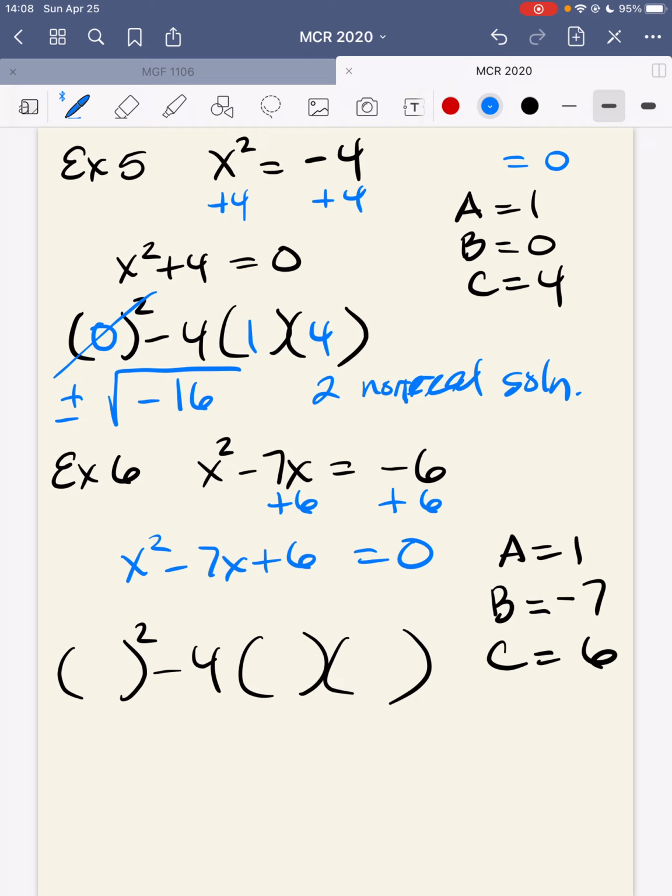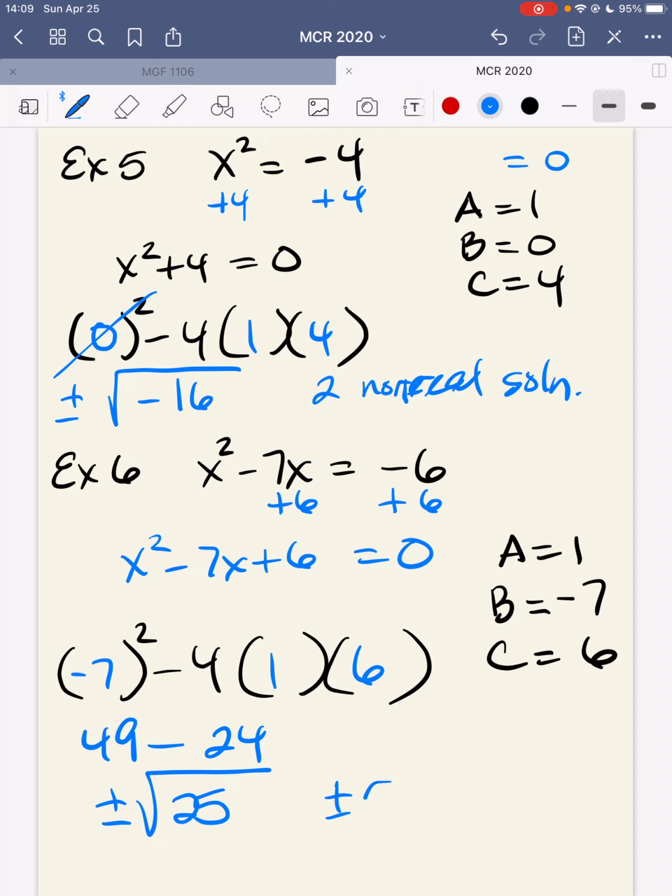So b is negative 7, a is 1, c is 6. All right, and I have 49 minus 6 times 4, which is 24. And 49 minus 24 is equal to 25, which means I have plus or minus the square root of 25. So plus or minus 5 are my 2 values. And I have 2 real solutions.